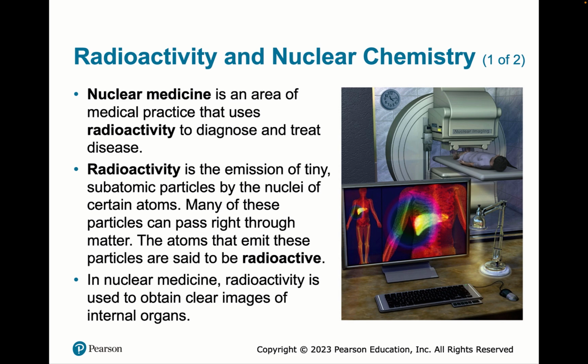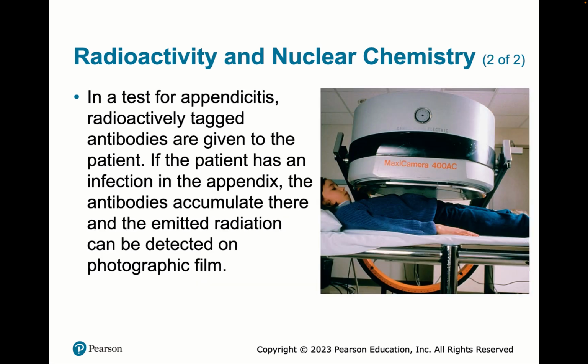So we will use these radioactive nuclei to do things like image things in medicine. An example of this is appendicitis: you can take antibodies and tag them with radiation, and then inject that into the patient, and then you can see where it's going.